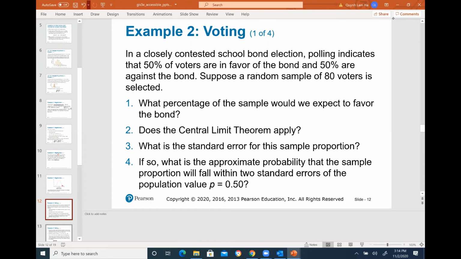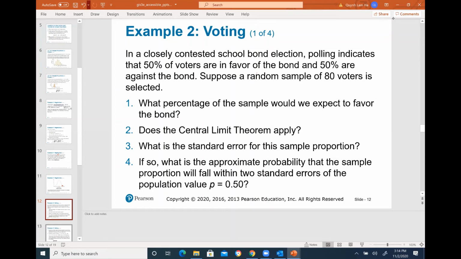So this looks like the answer is the percentage expected to favor the bond will be 50. You see that? We have 50 expected in favor and the other 50 is not. So we got 50% as the answer for number 1.